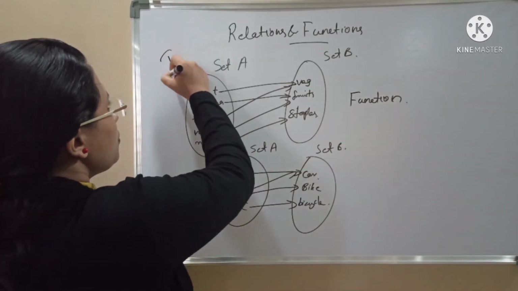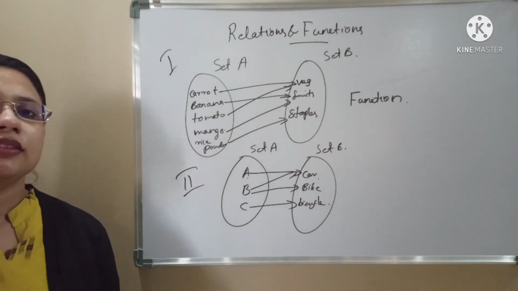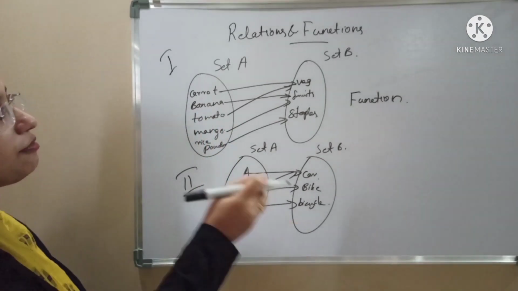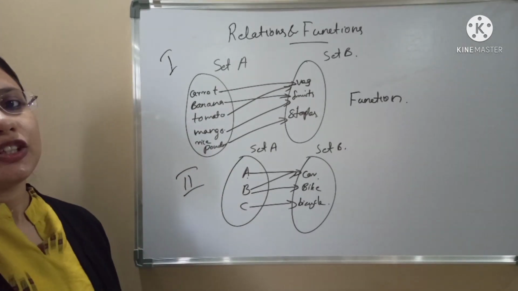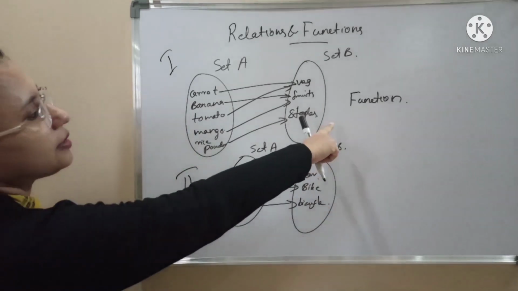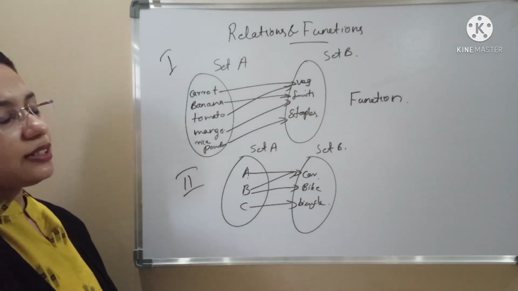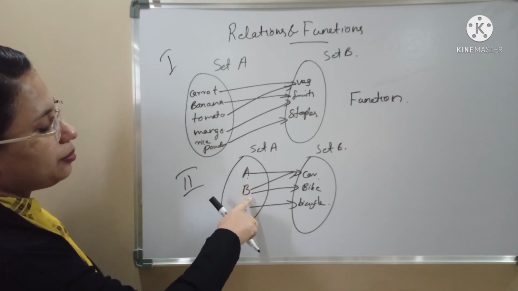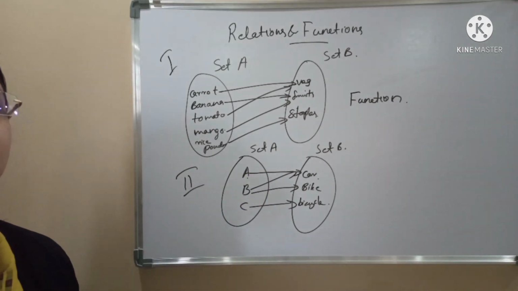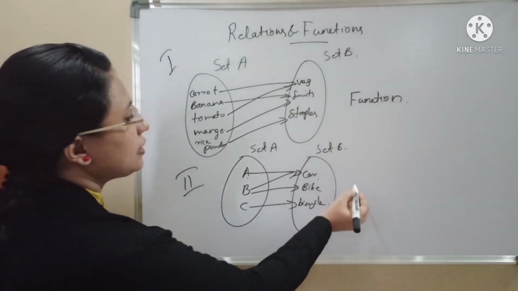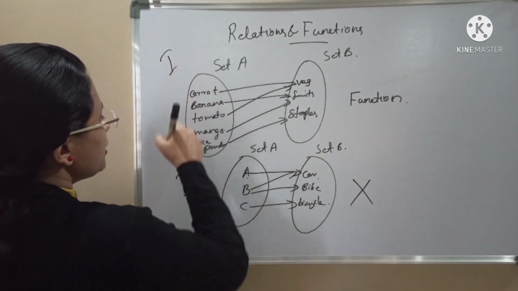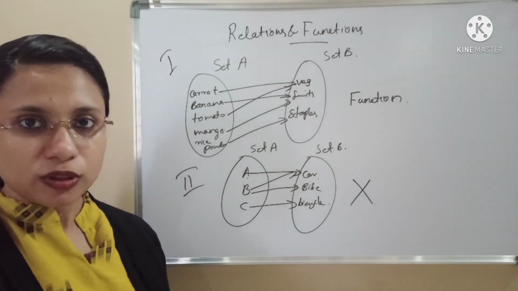The first one obeys the rule of a function because every element in set A relates with a single element in set B. In the second case, there are elements related with more than one element in set B, so it doesn't obey the rule of a function.